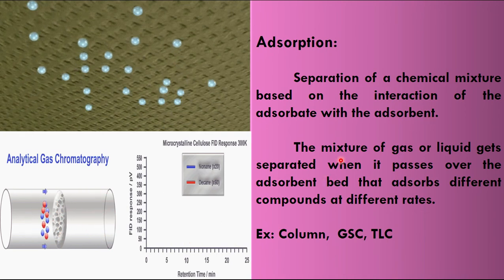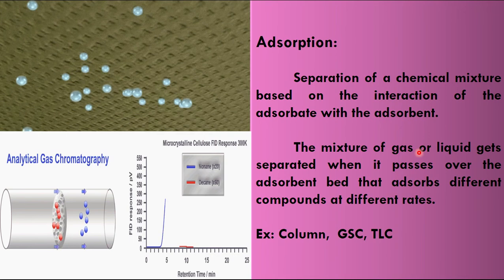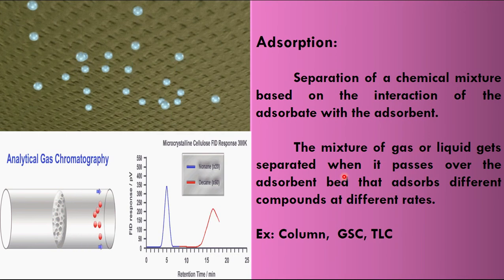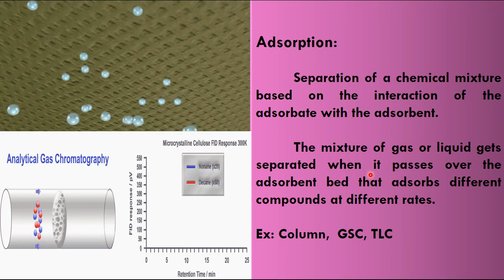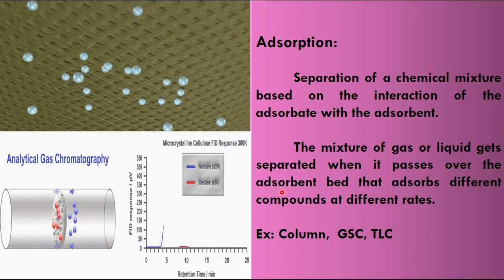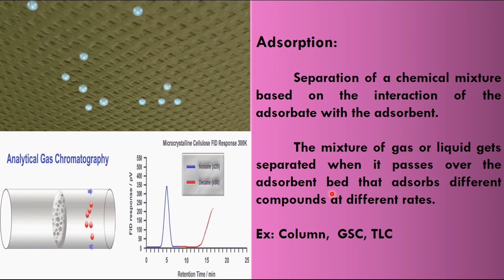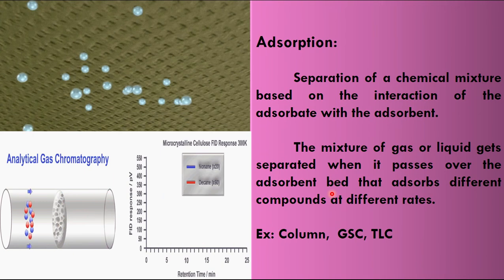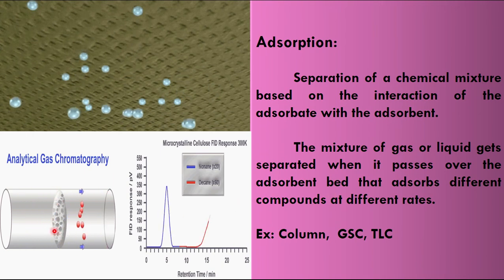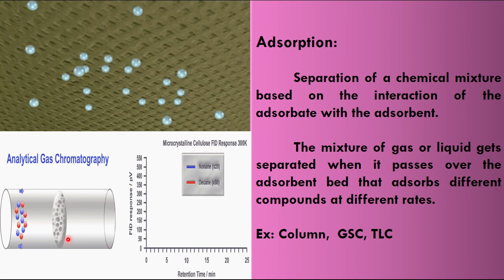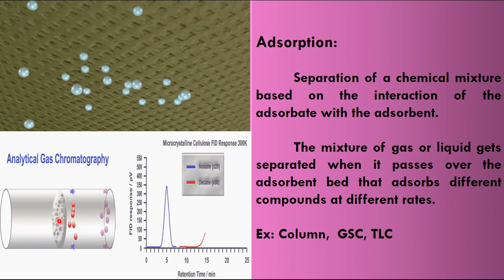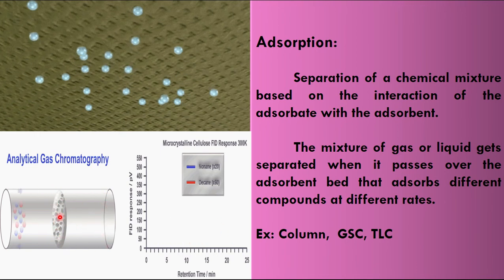So here, a mixture of either gas or liquid gets separated when it is passed through the adsorbent bed, which adsorbs different compounds at different rates. See here the adsorbent bed on which the particles are adsorbed selectively.